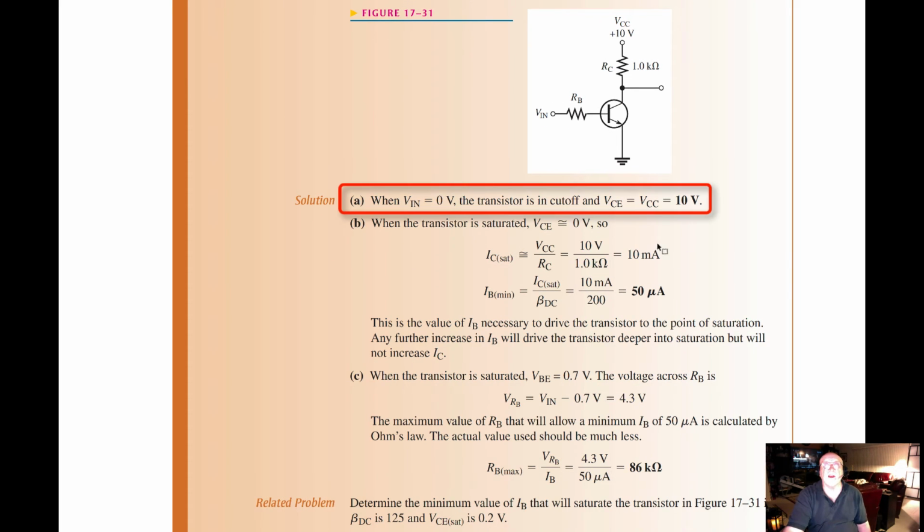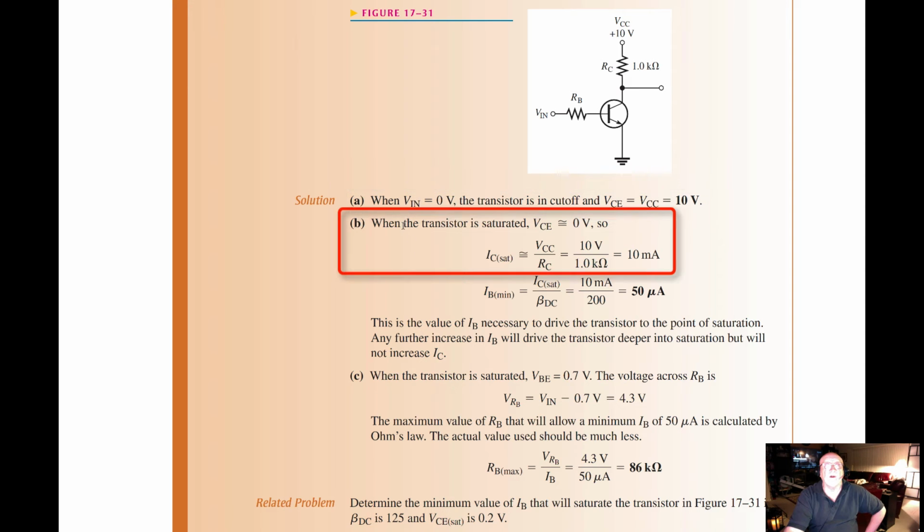So when Vin is at 0, the transistor is in cutoff, and VCE equals VCC, which is 10 volts. Okay, so we're feeling the full 10 volts then. When the transistor is saturated, VCE is equal to approximately 0, so the collector current saturated is equal to VCC by RC.